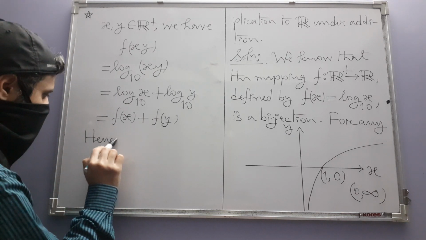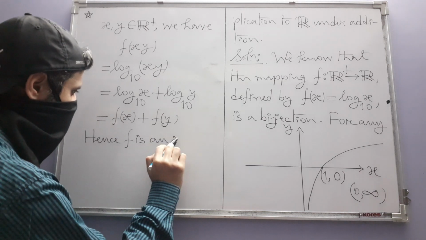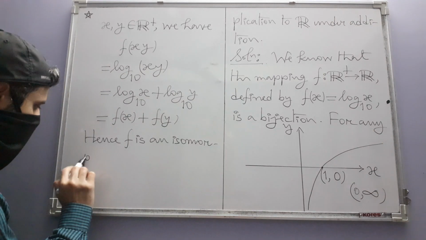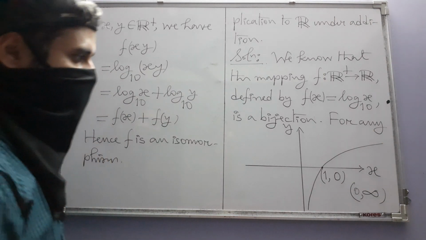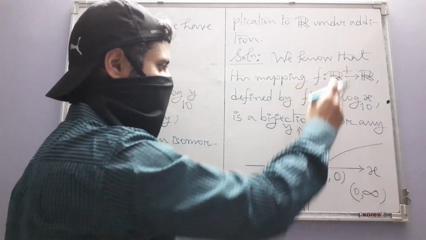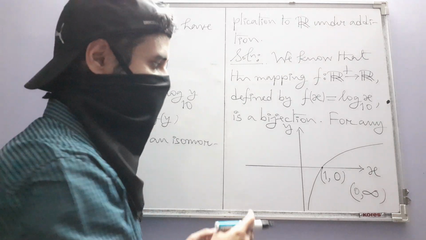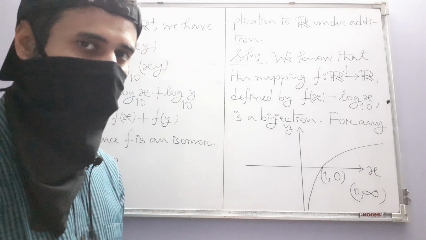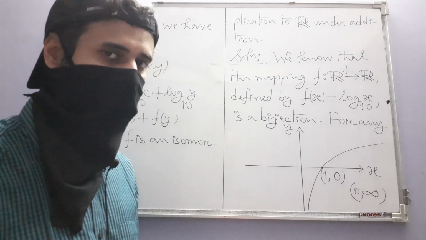Hence, f is an isomorphism. So group theoretically there is no distinction between the positive reals as a group under multiplication and all the reals as a group under addition. It seems very strange, but that's the way it is.